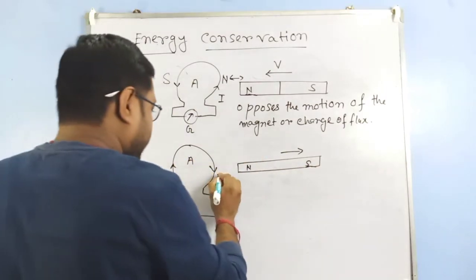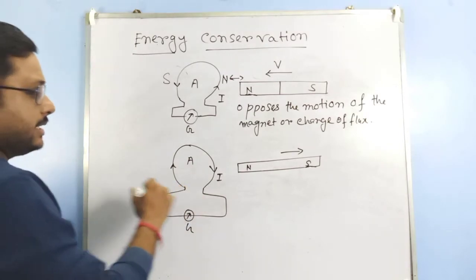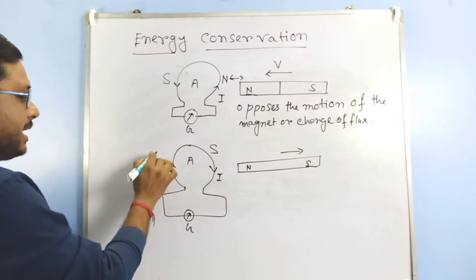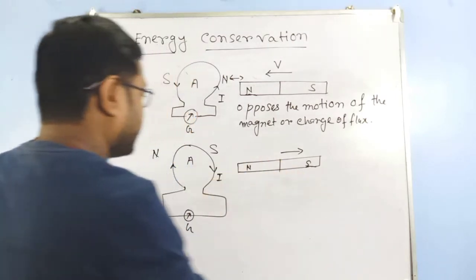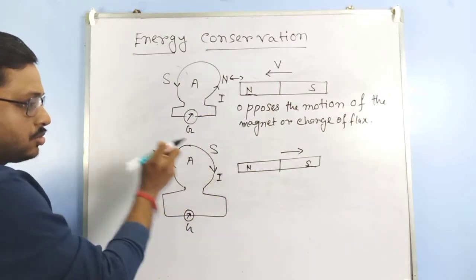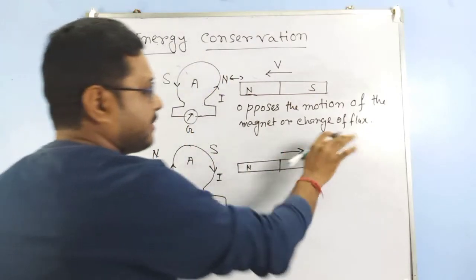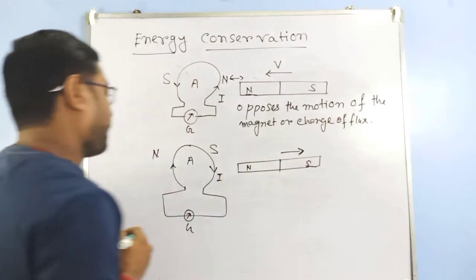But again here the current is set up in such a direction that a south pole is created towards the magnet and a north pole is created opposite to the magnet's N pole. So it will attract the north pole, that is, it again opposes the motion of the magnet or the change of flux.